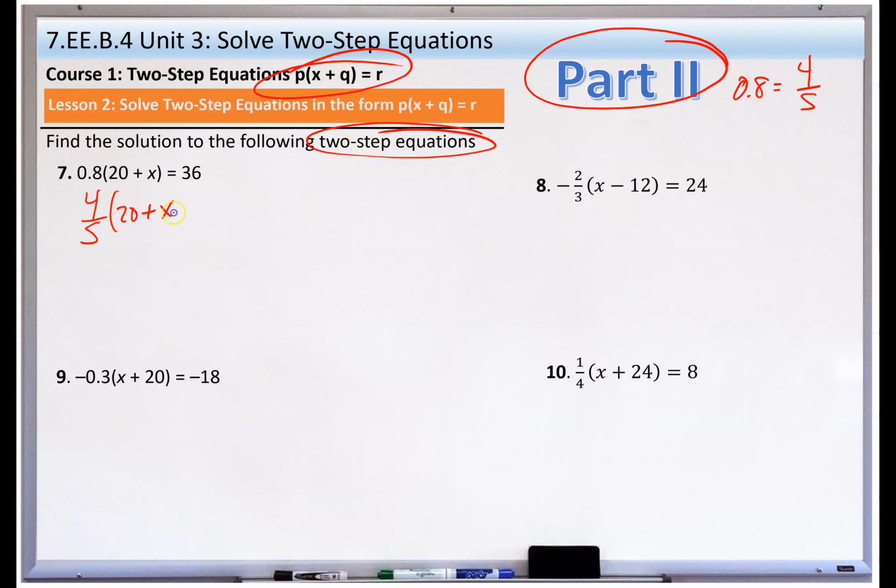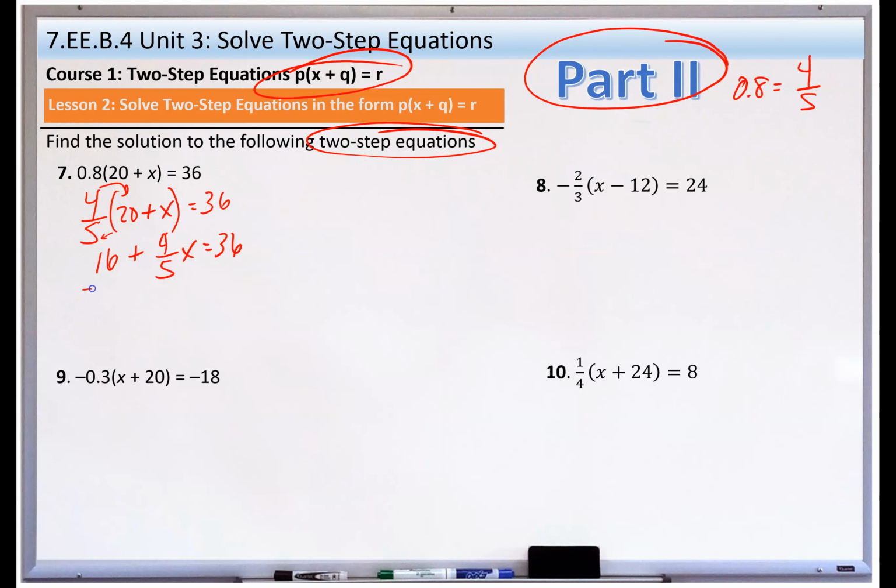You could have kept it at 8/10. It just depends on your preference for how you like to multiply fractions or decimals. So if I multiply 4/5 times 20, I'm going to get 20 divided by 5 is 4, 4 times 4 is 16, plus 4/5 x equals 36.